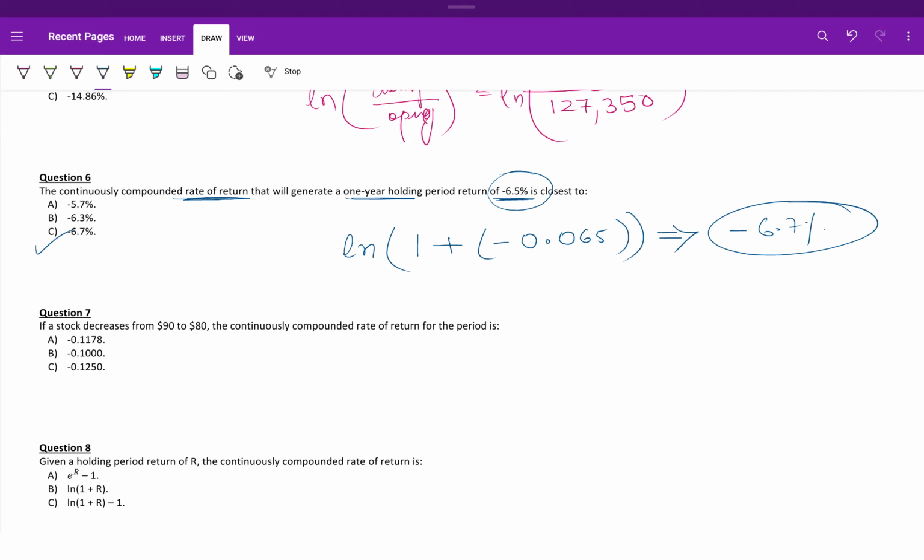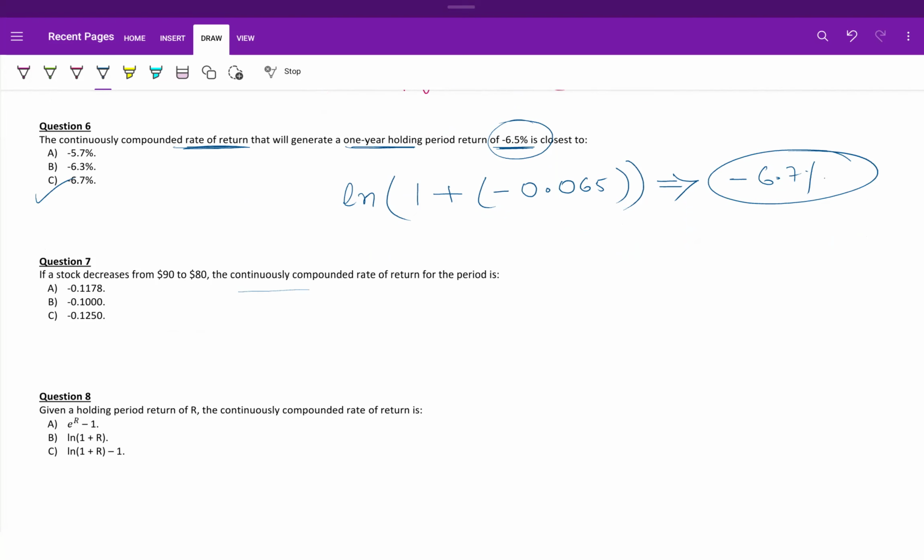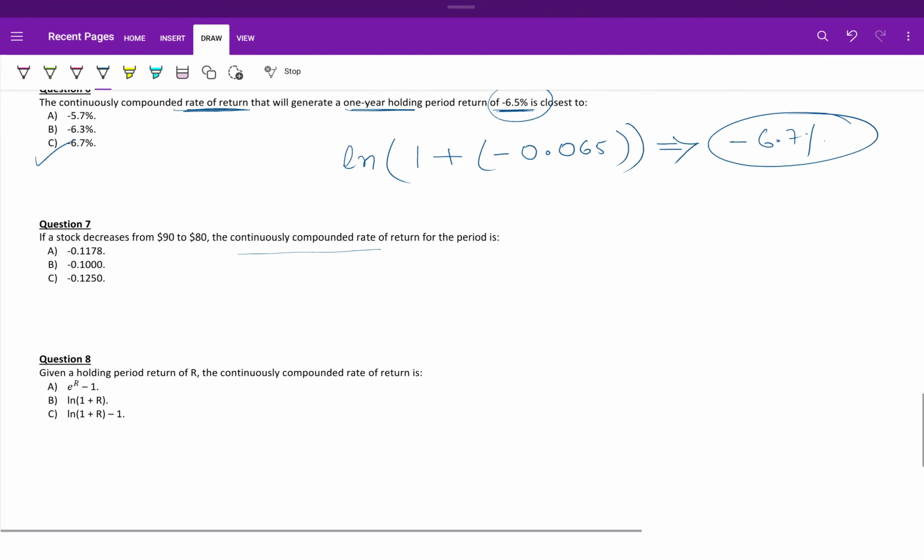Now let's move to question number 7. Question number 7 is again based on the continuously compounded rate of return. Most of the questions where your concepts are being tested are about continuous compounding. Here, a stock decreases from 90 to 80.